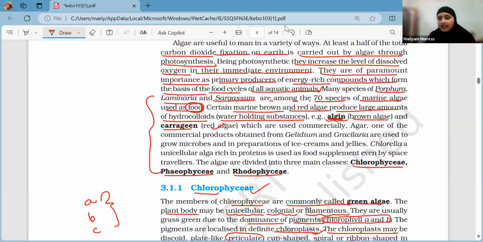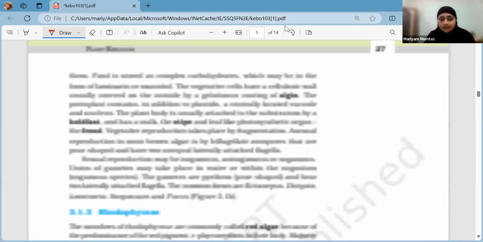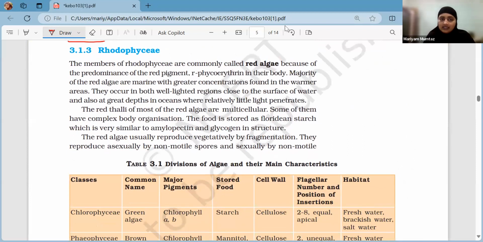Okay, so algae. Now, moving forward, we are coming to the last class of the algae, that is rhodophytes. They are the red algae. Why? Because now they have a very dominating red pigment that is known as R-phycoerythrin. Okay, phycoerythrin in their body. Majority of the red algae are marine with greater concentrations found in the warmer areas of the sea.